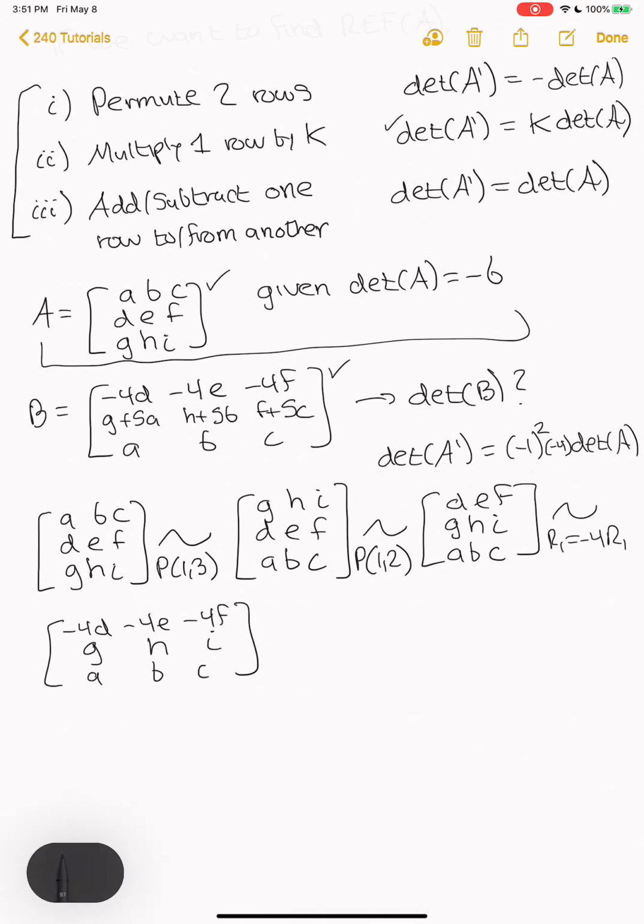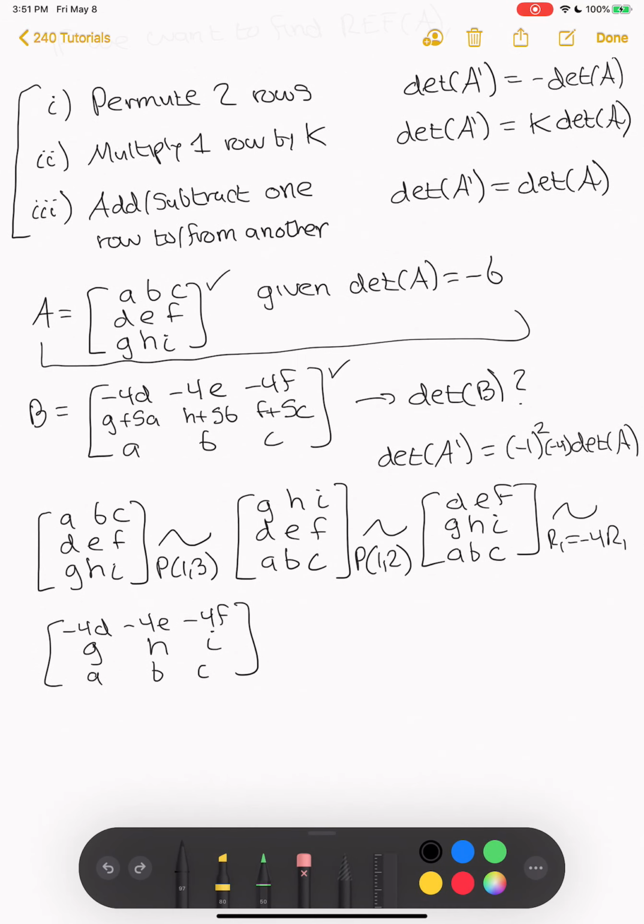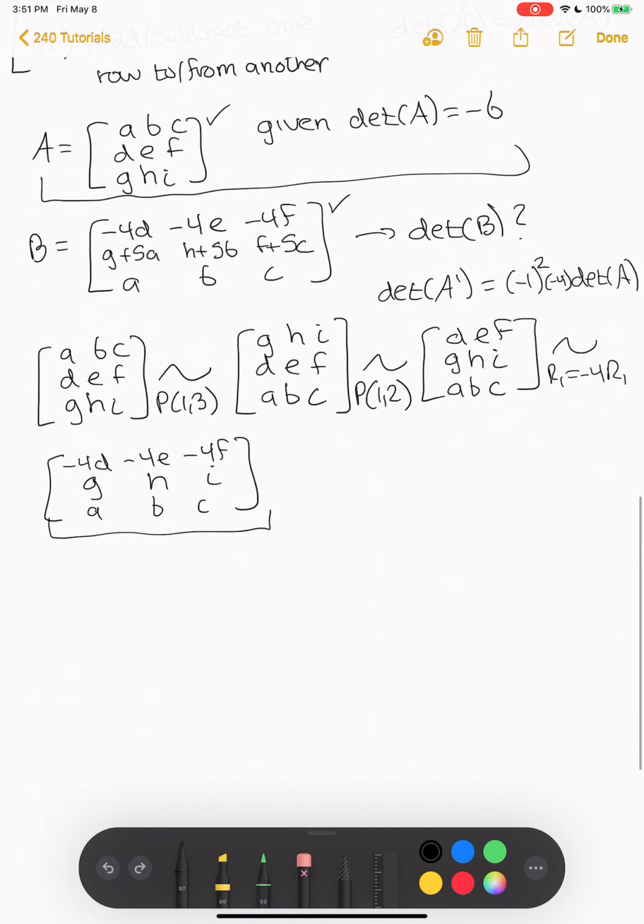And then there's one last thing that we have to do to get this matrix looking like B. I have to add on to row 2 five times the bottom row. So row 2 becomes row 2 plus 5 times row 1, or row 3, sorry. And some people get confused here, but we'll go ahead and do it so we know we're done, and then we'll look at our determinant.